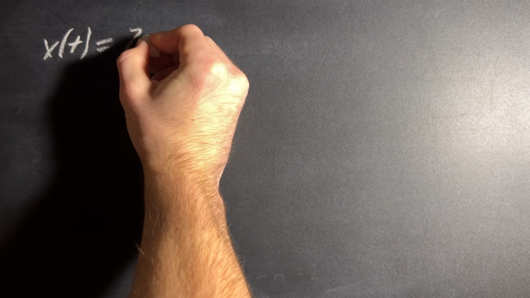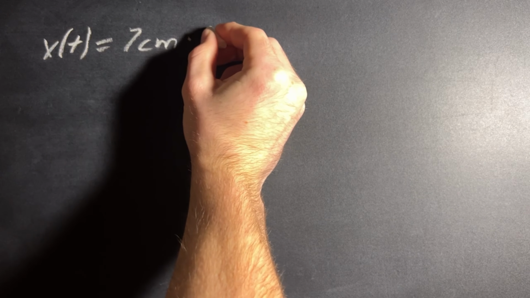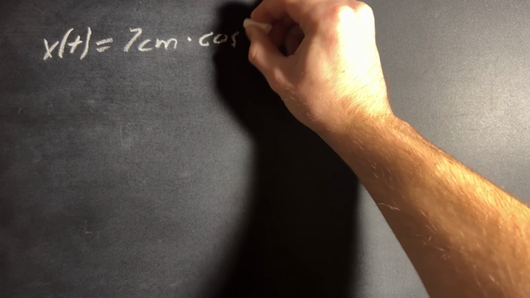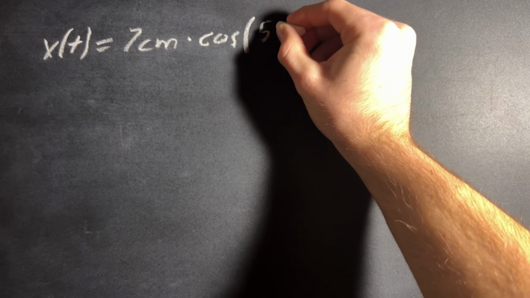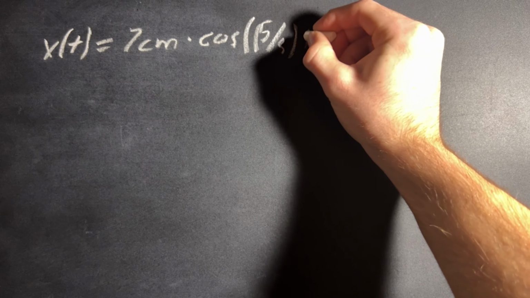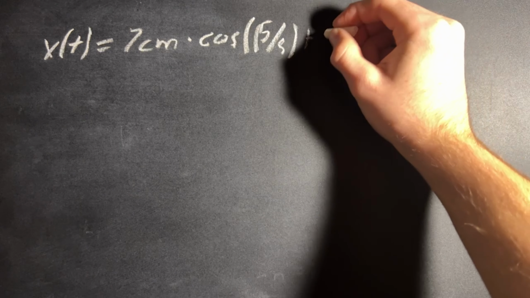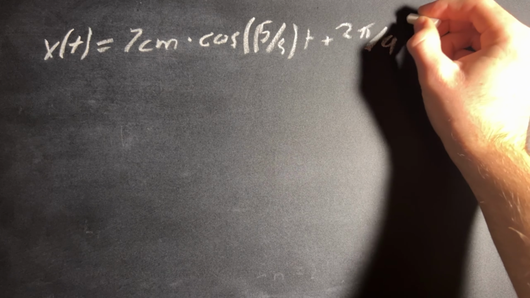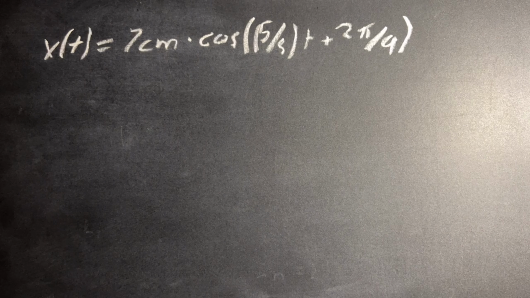X of t equals 7 centimeters times cosine of 5 radians per second multiplied by t plus 2 pi over 9. And this is our displacement equation.